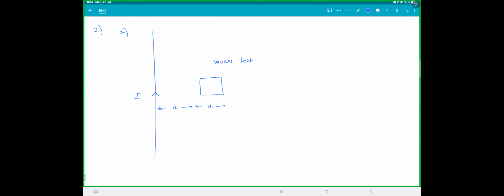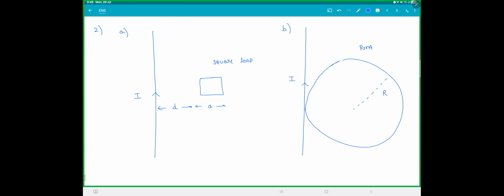Again, remember what is flux? B dot A. So B is created by the infinite wire. So that is passing through the square loop. So find the flux in the square loop. This is a ring. Find the flux in the ring.